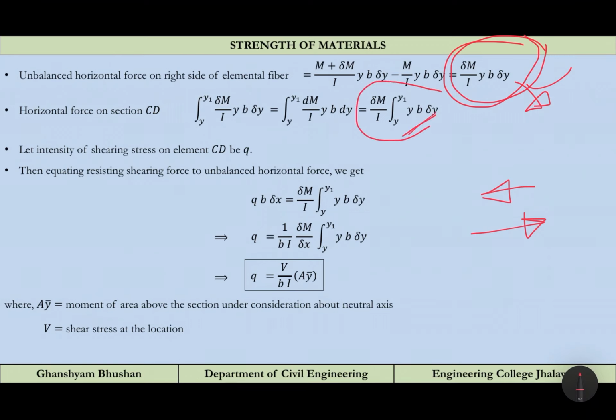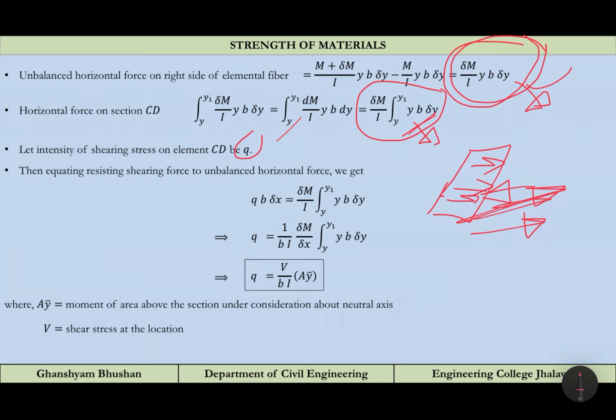So finally this is the unbalanced force in the beam due to unbalanced bending moment. Somebody should take care of this force. What is that force? That force is the shear stress, because that stress will be parallel to the section. Section is something like this, and this is parallel to the surface. That is why it is termed the shearing stress.